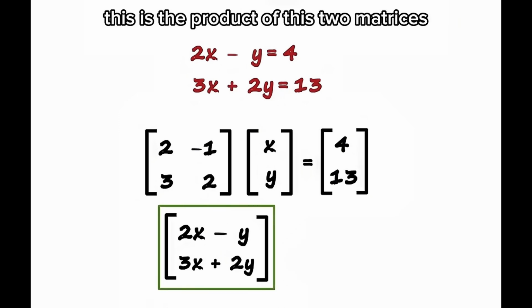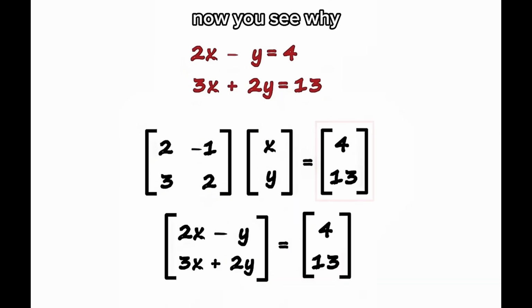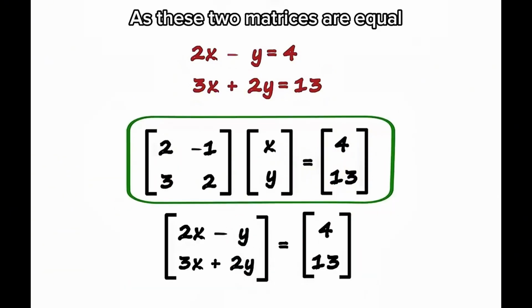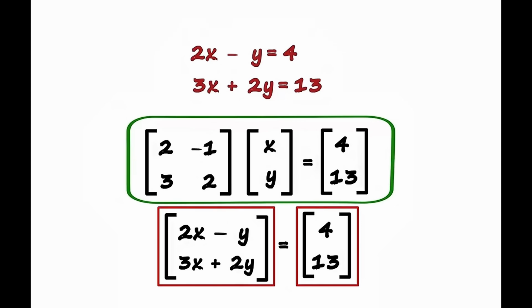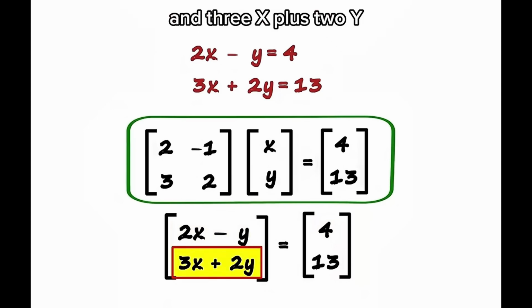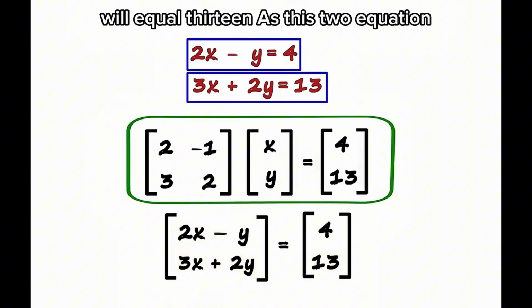This is the product of these two matrices, and this matrix will be written as is. Now you see why this is the matrix form of the system of equations. As these two matrices are equal, we can say that 2x minus y will equal 4 and 3x plus 2y will equal 13, as in these two equations.